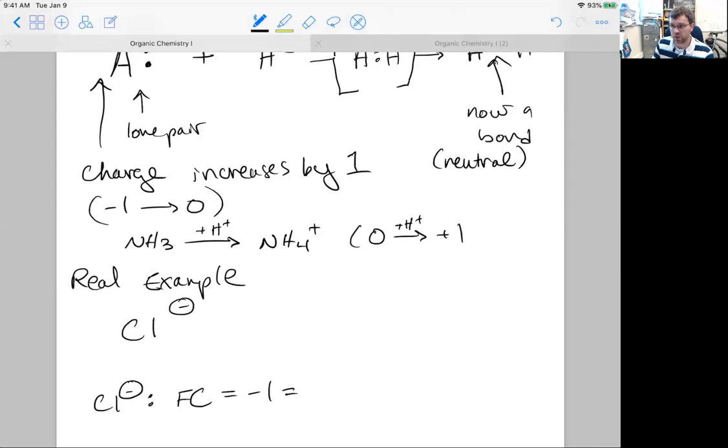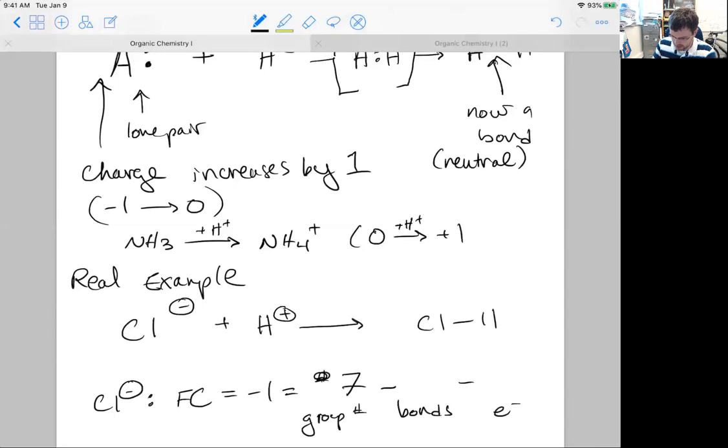That's equal to the group number, which is 7, minus the number of bonds, minus the number of electrons. Okay, what I'm saying here is I want to look at chlorine reacting with H plus to form, in this case, ClH.